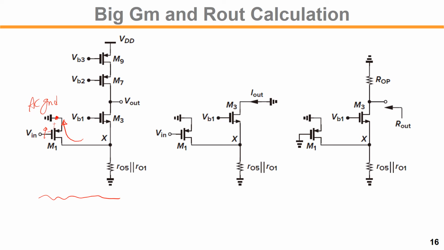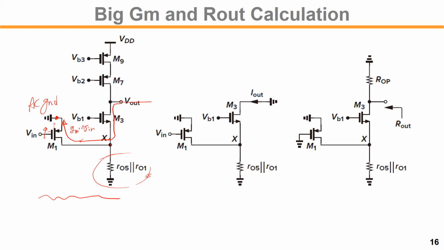So this amount of current is what? This is gm times Vin, right? This current will flow here and then up until here. On the bottom we had the M5 and M1 in parallel, so you will get the output resistance in parallel. If this resistor is large enough, then all the current will flow through to the output, right?